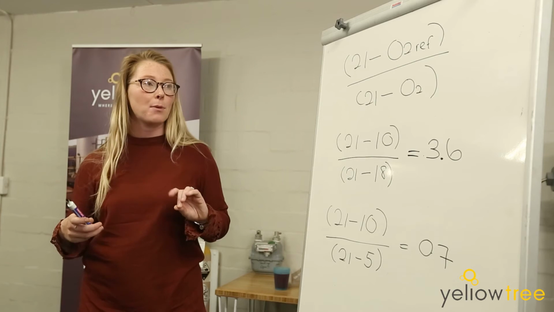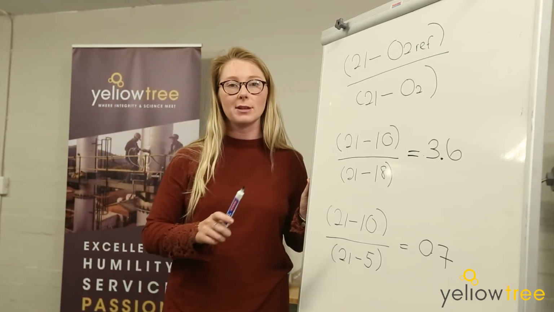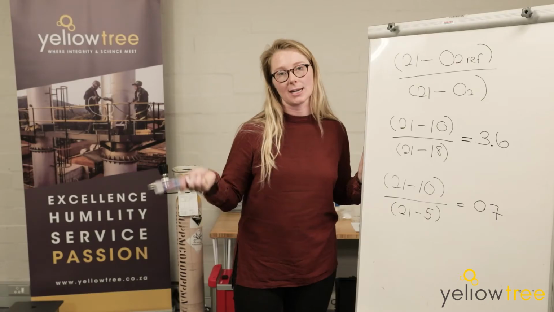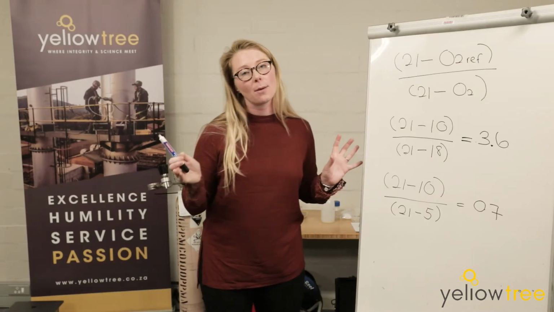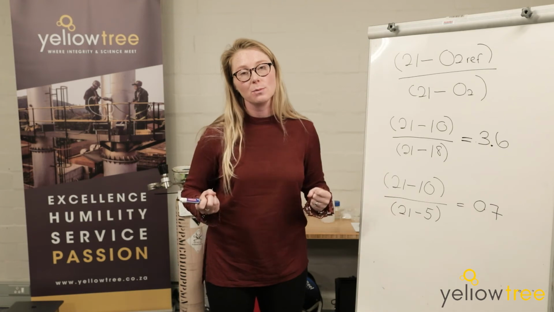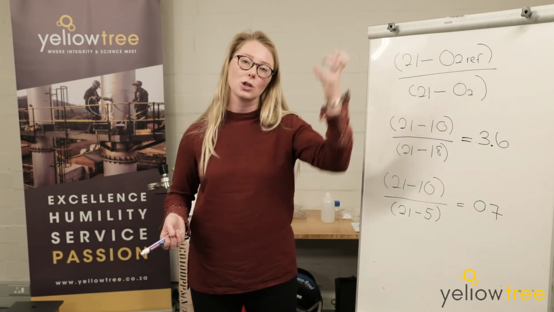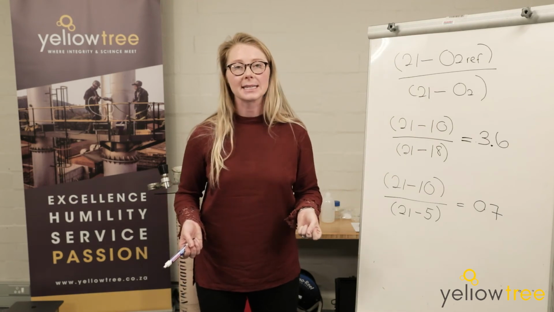Something that is really important to know is that oxygen references can only be used in situations where combustion is taking place. In combustion, oxygen is consumed and the concentration of oxygen goes from 21% to a number lower than 21%.